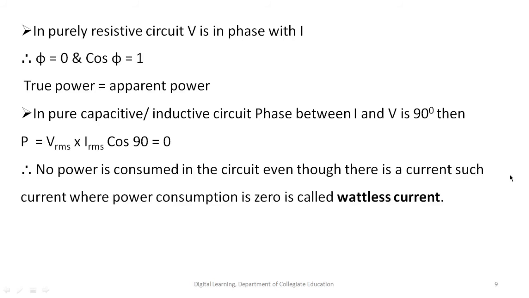Such current where the power consumption is 0 is called a wattless current. So wattless current is the current where, even though there is a small current, there is no power consumption in the circuit in purely capacitive or inductive circuit. So that current is called as wattless current.